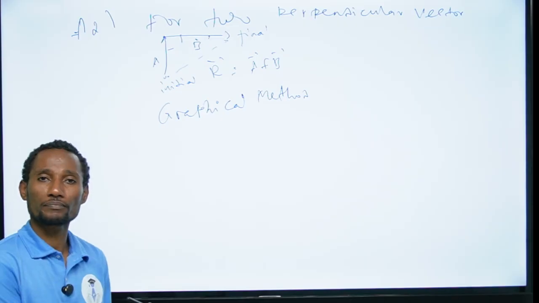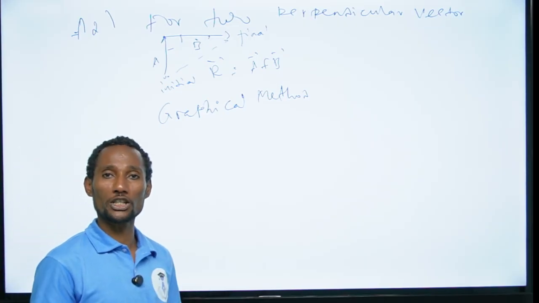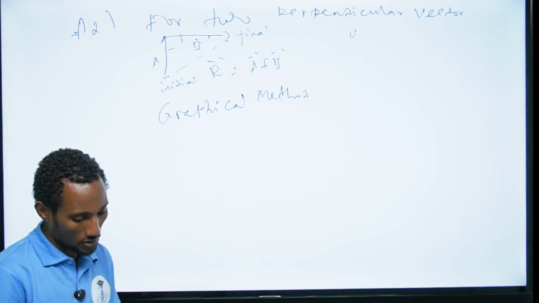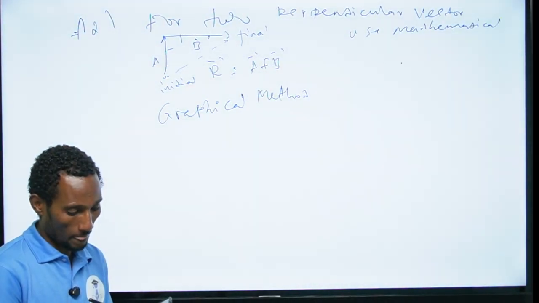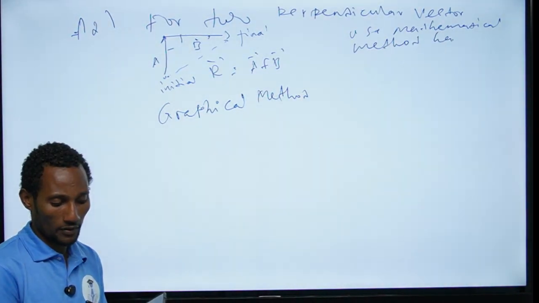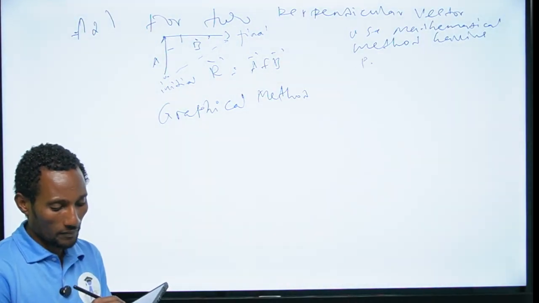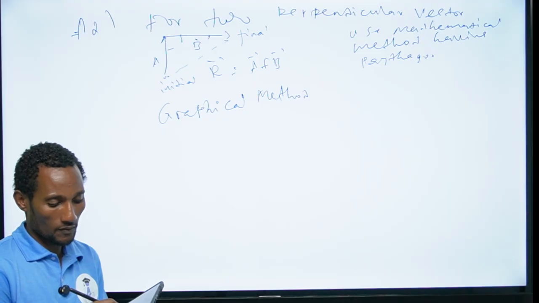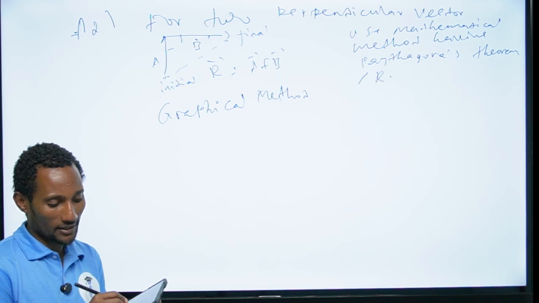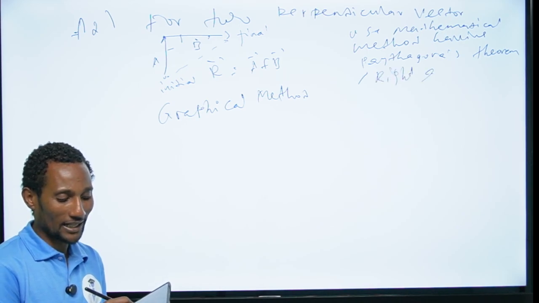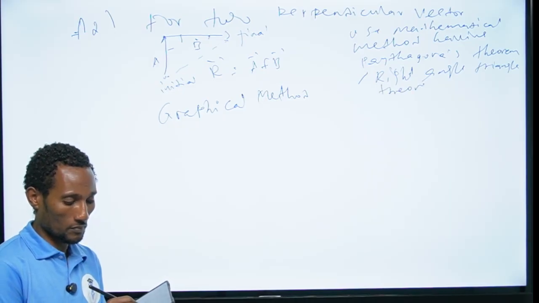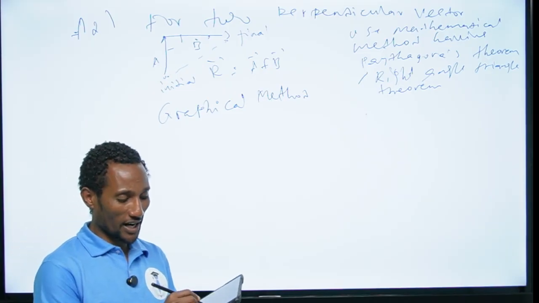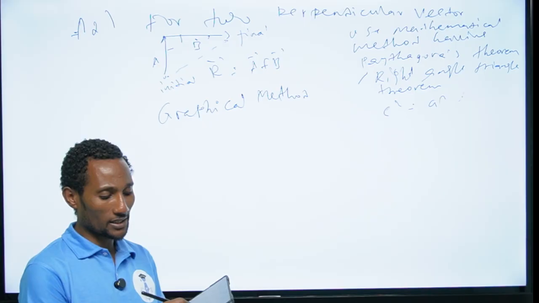Whereas using the mathematical method, we can use the Pythagoras theorem, or right angle triangle theorem, which is c squared is equal to a square plus b square.